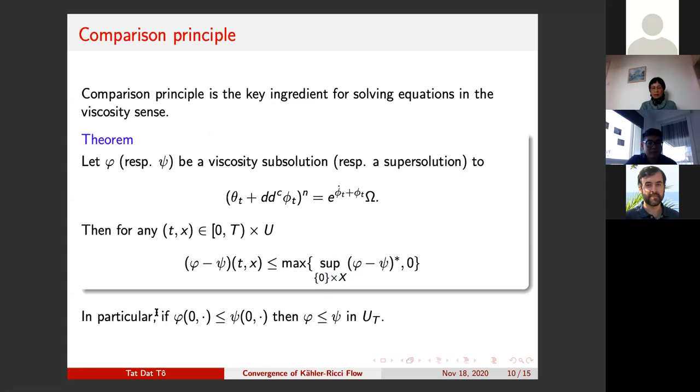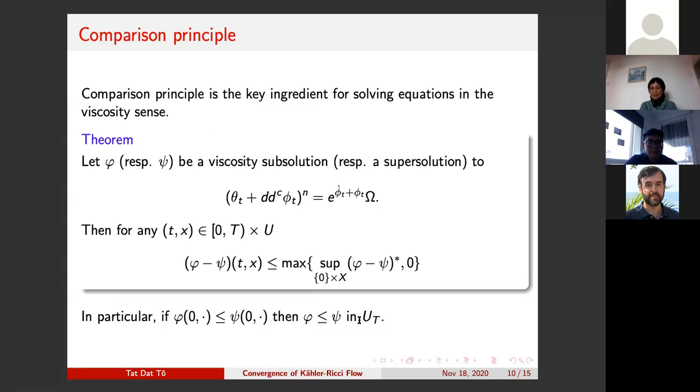I mean, if at the beginning when t equals 0, phi is less than psi, then we can imply that the subsolution is less than the supersolution. This is exactly the comparison principle, the key point to prove the existence of viscosity solutions.